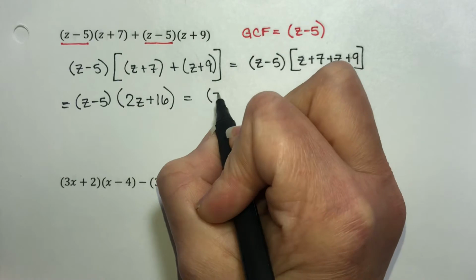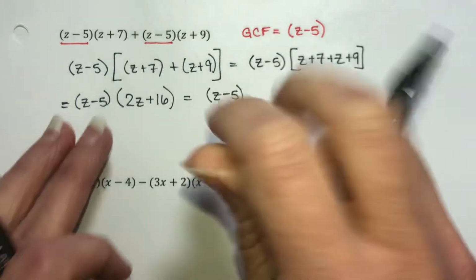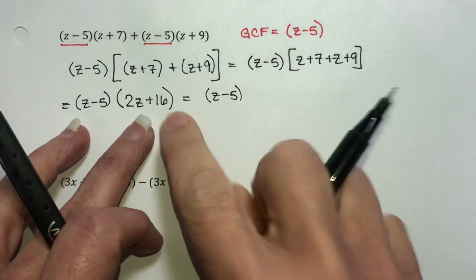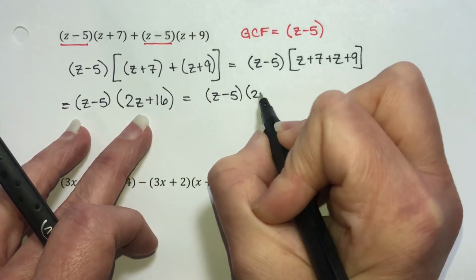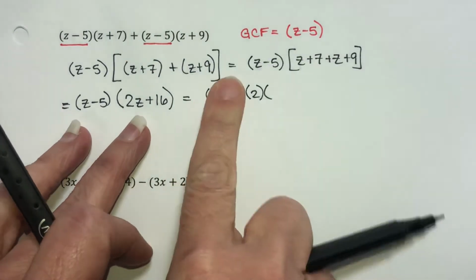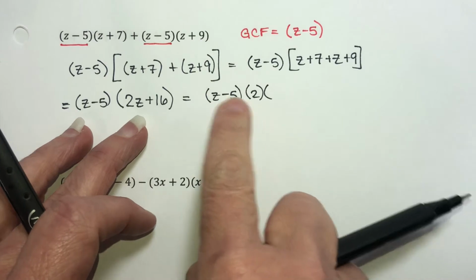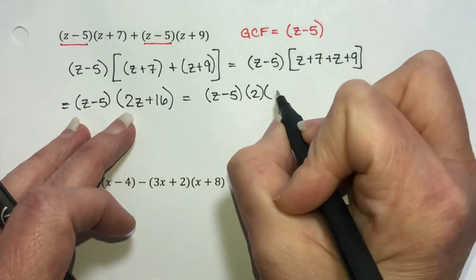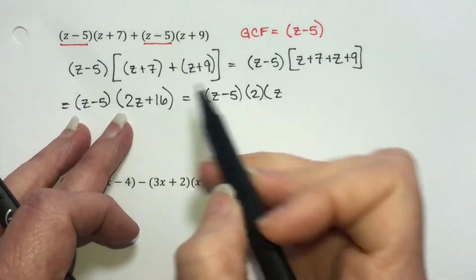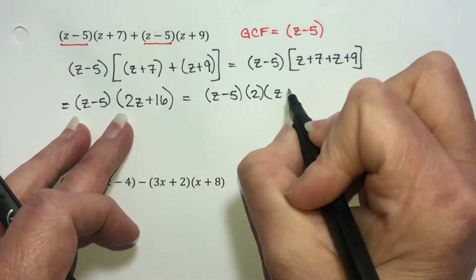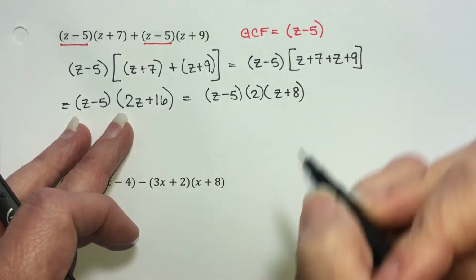I factor out that z minus 5, it's just right there. Now from this one, I can factor out a 2. So now pretend this isn't here. 2 times what gives me 2z? A z. 2 times what gives me 16? An 8.